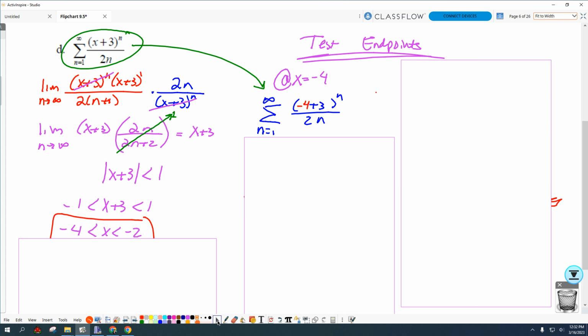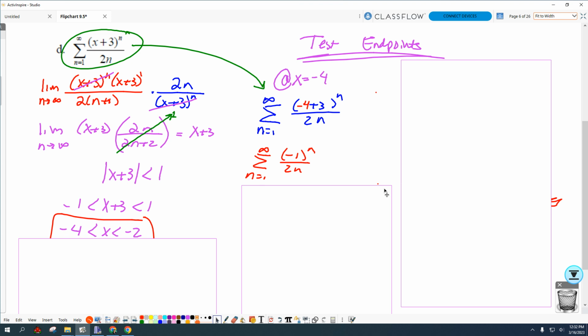This is the -4 plus 3. -1. And it's -1 to the n. So look, does this converge, diverge, or do I need to do something funny? You need to do something funny. Like, can you take out the 1 over 2n?